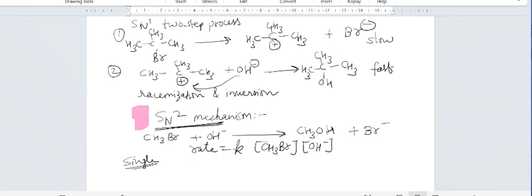Only one step is there in which the nucleophile attacks on the substrate, that is alkyl halide, and there is breaking of the C-Br bond and the formation of C-OH bond, both taking place at the same time, and partial negative charge is getting developed on the bromine and hydroxyl ion, and partial positive charge on the carbon, and ultimately it forms the alcohol.